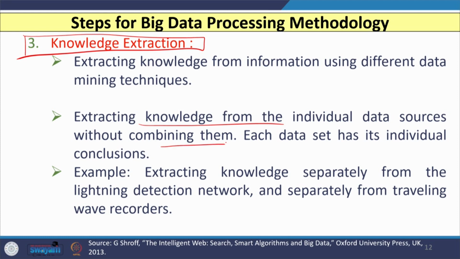Let us say I want to capture individual data from PMUs and, on the other side, individual data from lightning. In this case, in the knowledge extraction part, we create several data sets, each of which has several conclusions. Examples are extracting knowledge separately from the lightning detection network and separately from the travelling wave recorders.